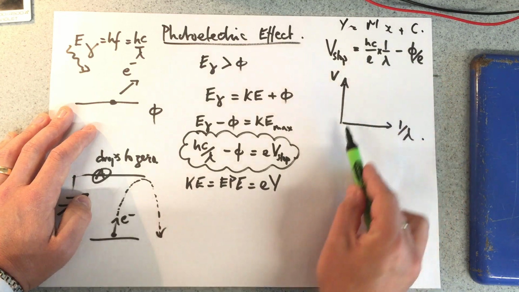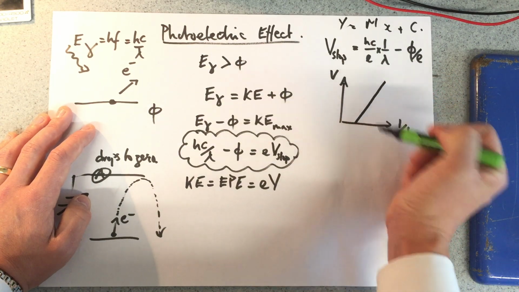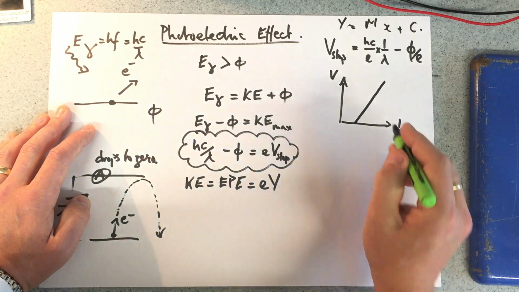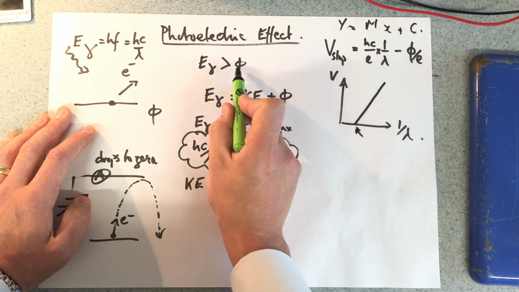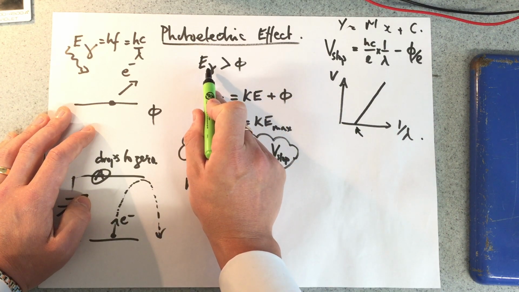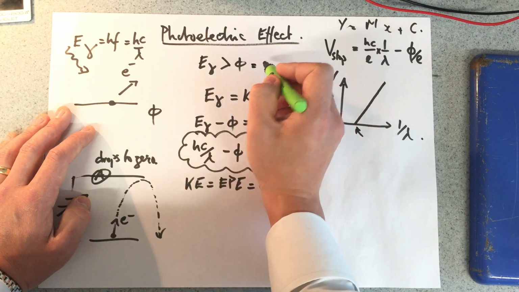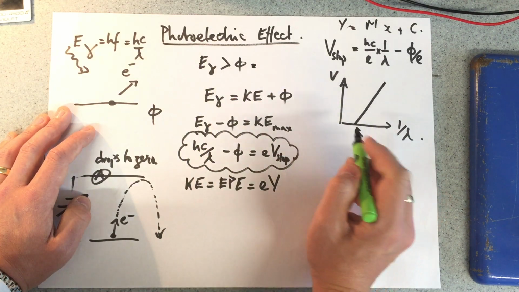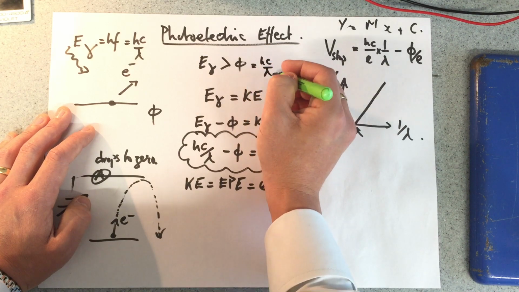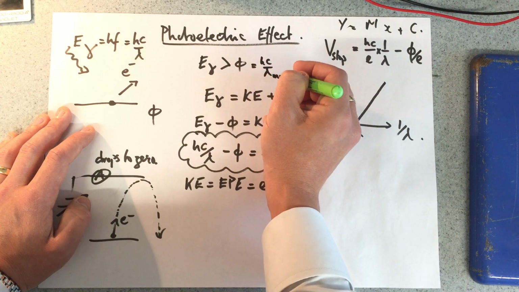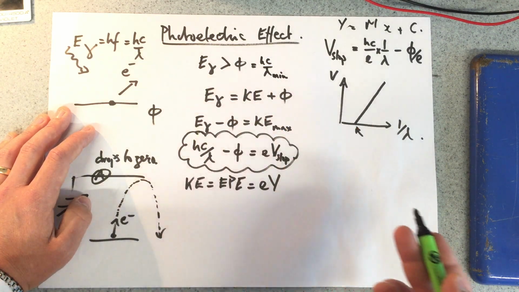Of course, my intercept is somewhere negative down here, so my straight line would probably do something like that, of which this shows me that minimum potential, or the energy, I suppose, that shows me the work function indirectly, because it will be hc over lambda minimum. So I can take that value, plug it into there, and work out my work function if I want to.